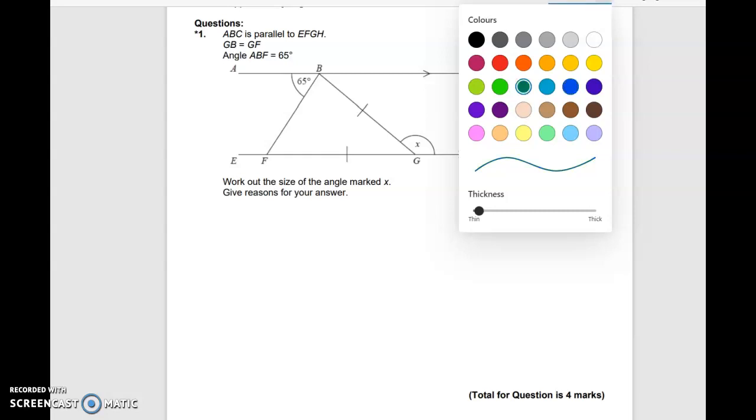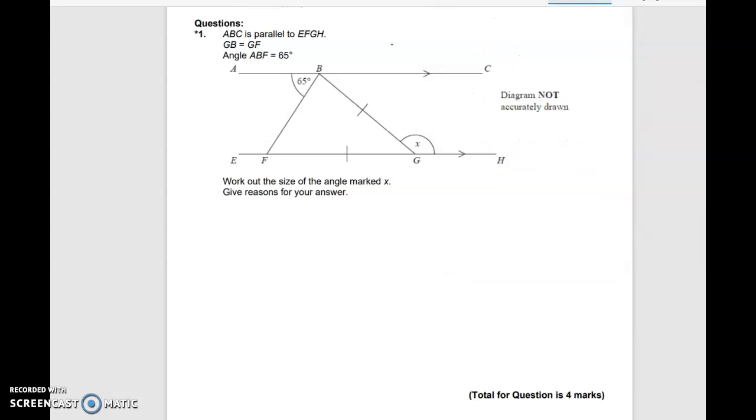So what we've got to do here is find angle X. There are several different connections to this 65 over here. So if I draw a Z here, I know that this angle in here is 65 degrees, and that is the alternate rule.